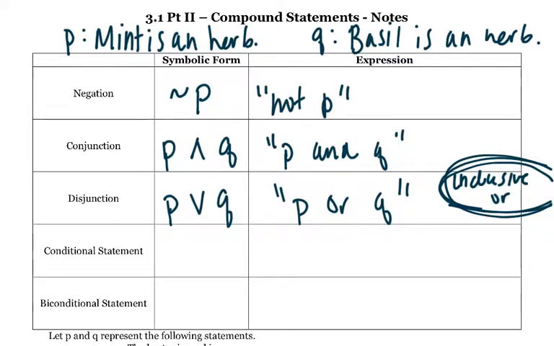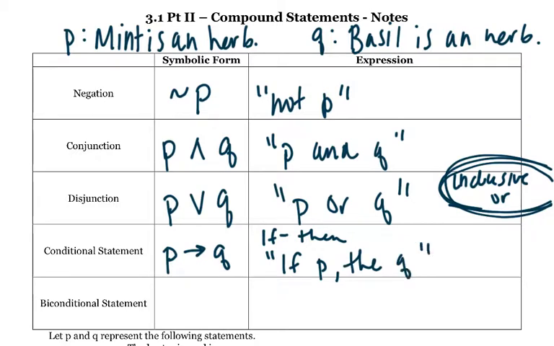A conditional statement is known as an if-then statement. The way we represent that is we would say P and then the arrow and then Q, and the way we say it is if P, then Q. An example with the ones that we have might not be very clear in the truth value to it, but if you were to use this as a conditional statement, you would say, if mint is an herb, then basil is an herb.